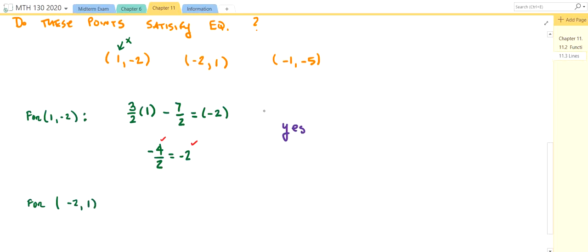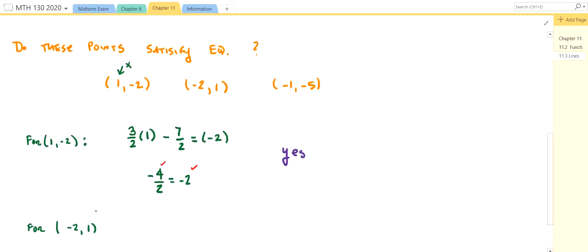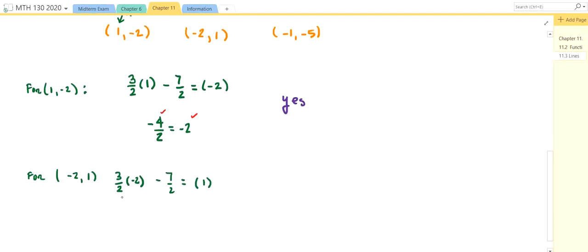Putting minus 2 in for x, we have 3 halves times minus 2 minus 7 halves equals, and this equation is saying 1. So this is minus 3 minus 7 halves equals 1.